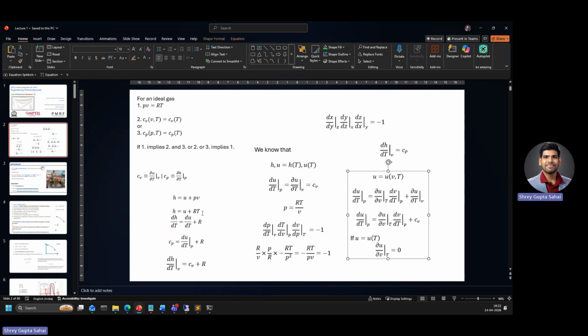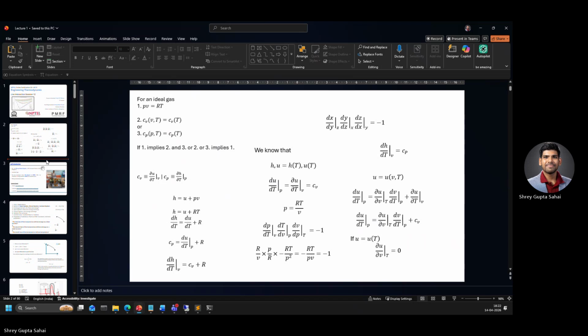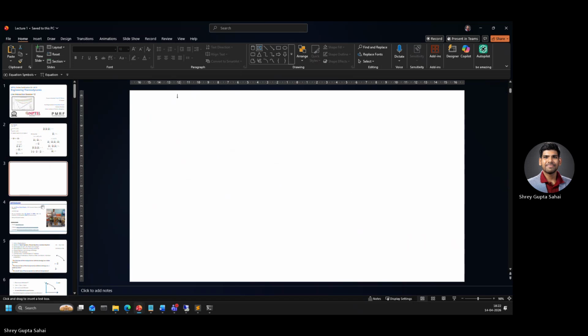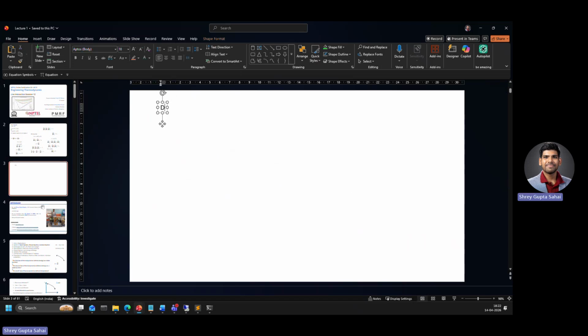See, for an ideal gas, what does it mean? It means that for an ideal gas, so why is this zero?